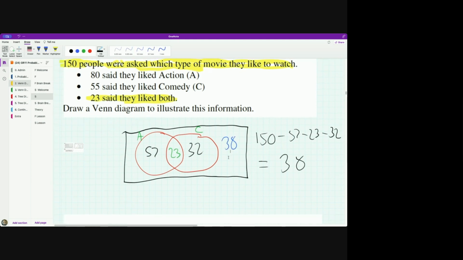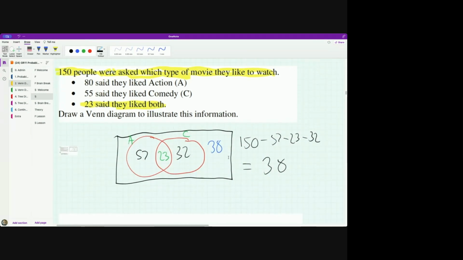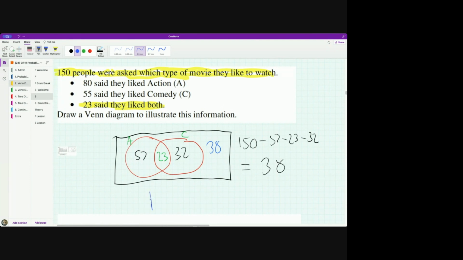Now, just to connect this, if you randomly choose someone in this group, what is the probability that they like both action and comedies? What's that going to be?